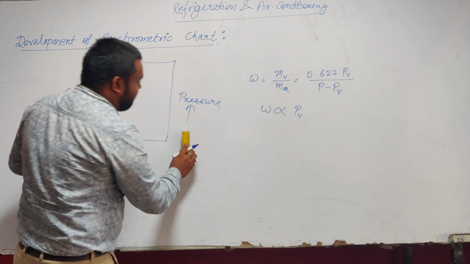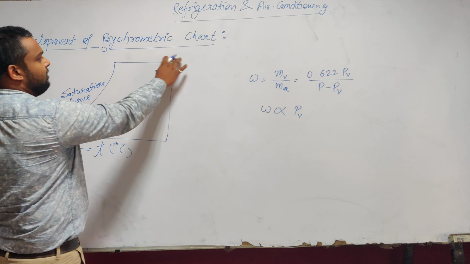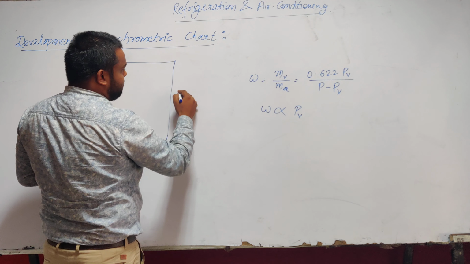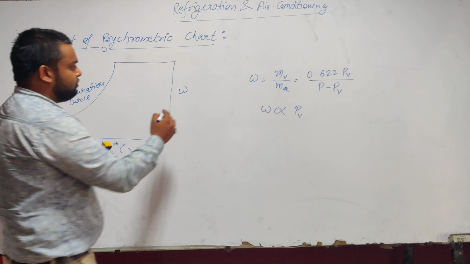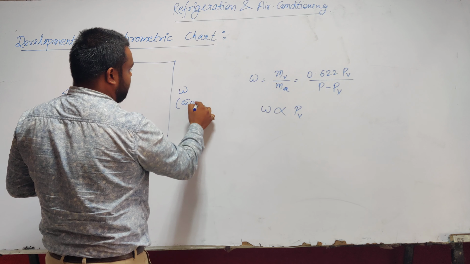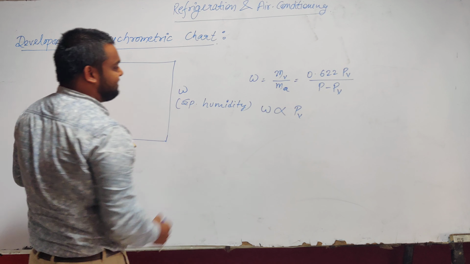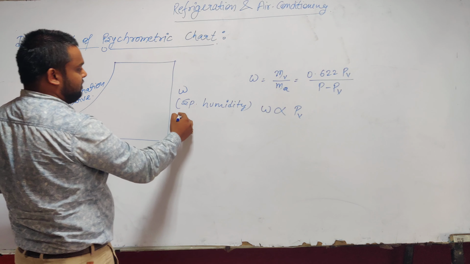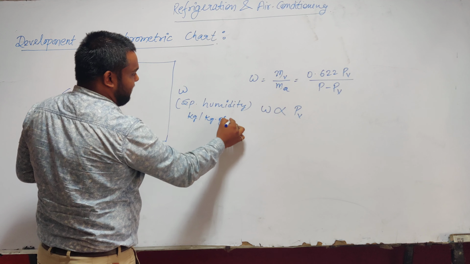Then it was developed that in the psychrometric chart, specific humidity is used in place of pressure. So this is the specific humidity on the y-axis in place of pressure, in kg per kg of dry air.